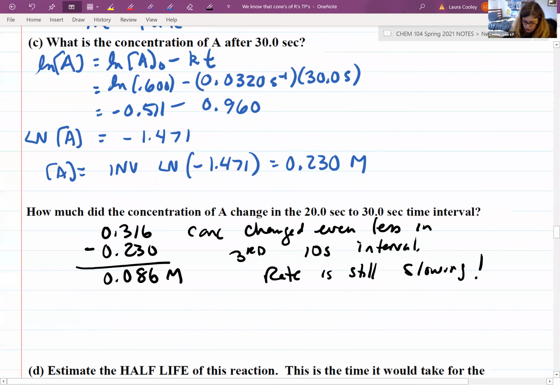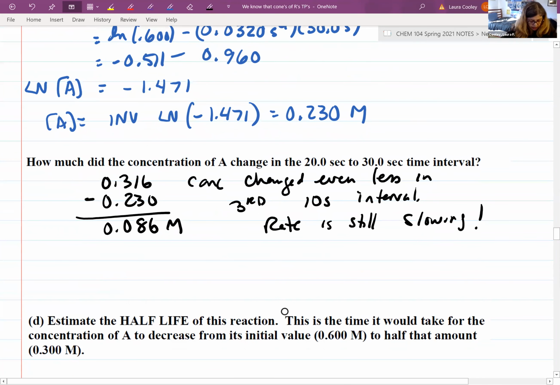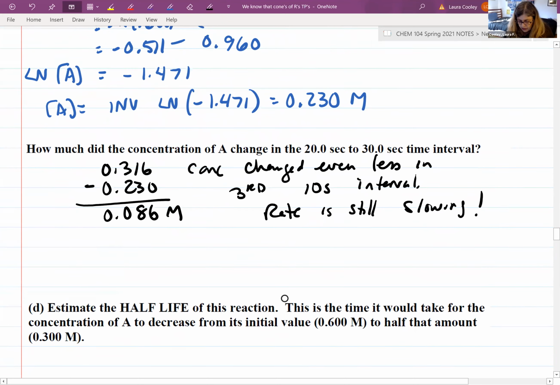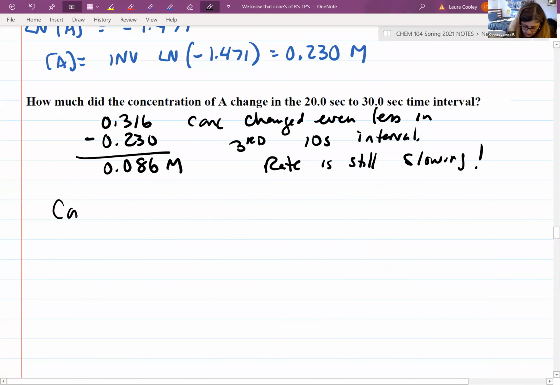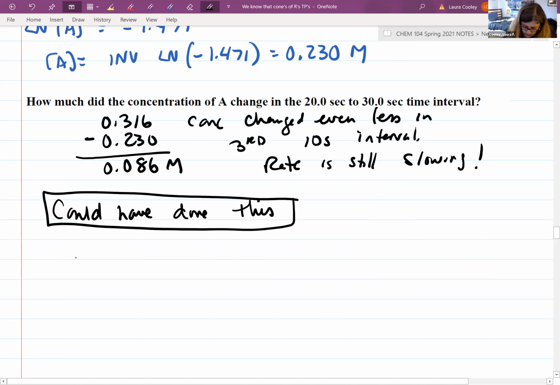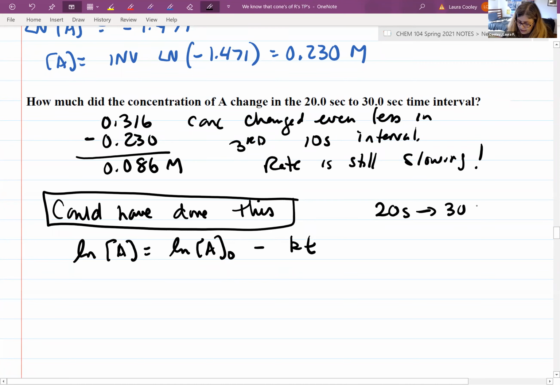Now, I just want to show you another way to do this problem so that you don't think that I'm just giving you one way. So, we could have done this using the same equation for the third 10-second interval, so between 20 seconds and 30 seconds.